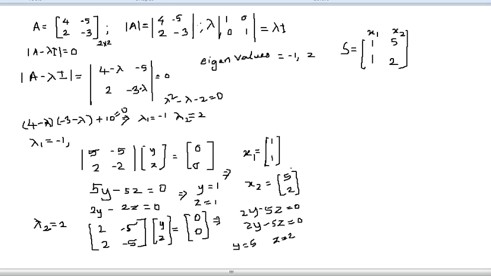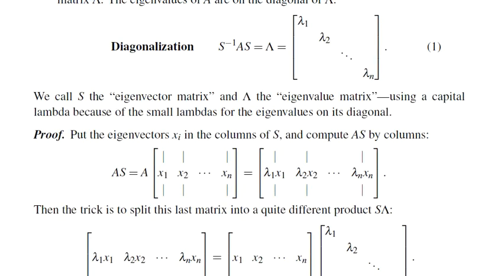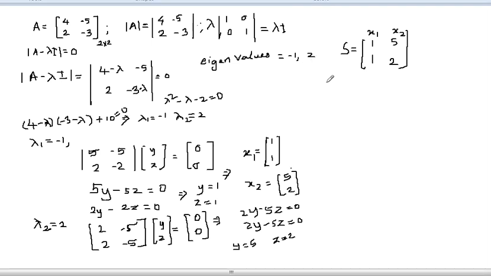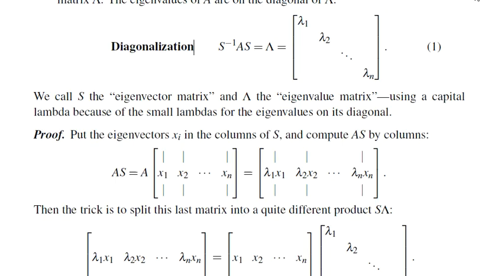Once we do it, then compute A into S. When A and S are multiplied, where these are the eigenvectors, we get a matrix which will be lambda 1 into x1, lambda 2 into x2, and so on.